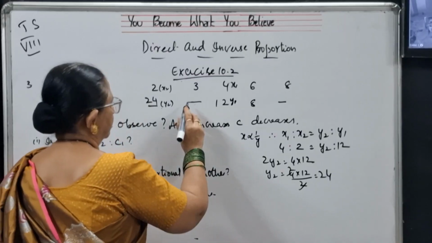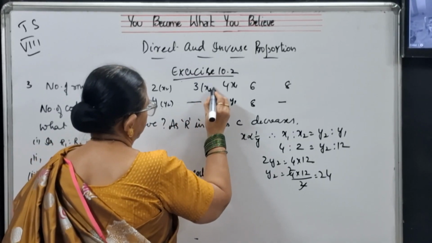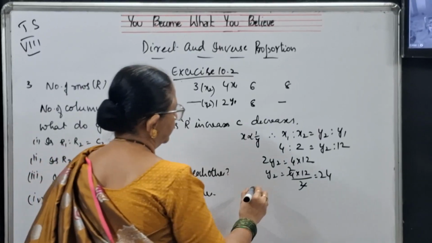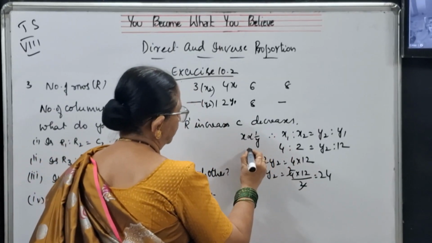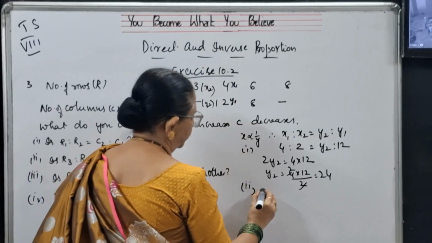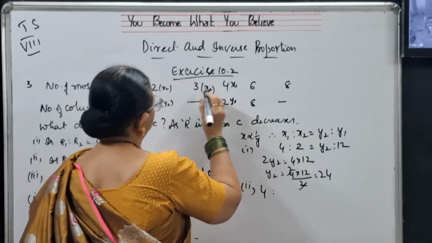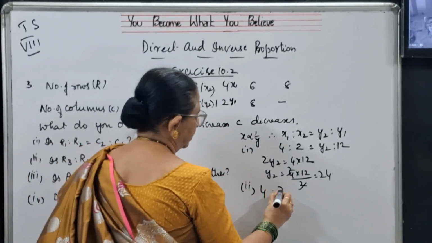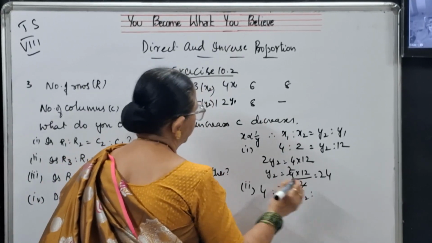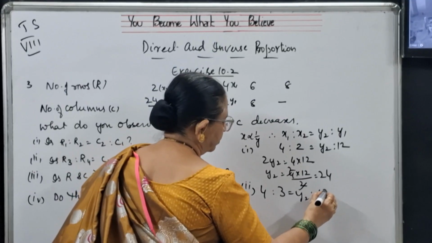Now let us see this. Again, let me take this as x2 and this as y2. So x1 is 4, is to x2, here 3, is equal to y2, which we don't know, is to y1, again 12.